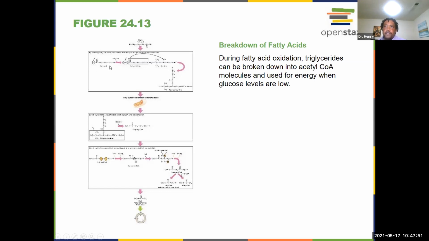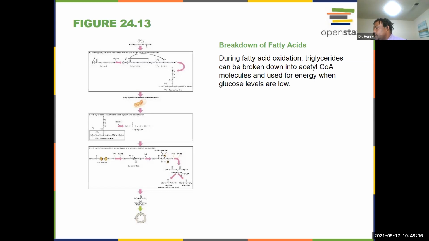So you have this here would be that fatty acid. Fatty acids can be converted to your fatty acyl carnitine.